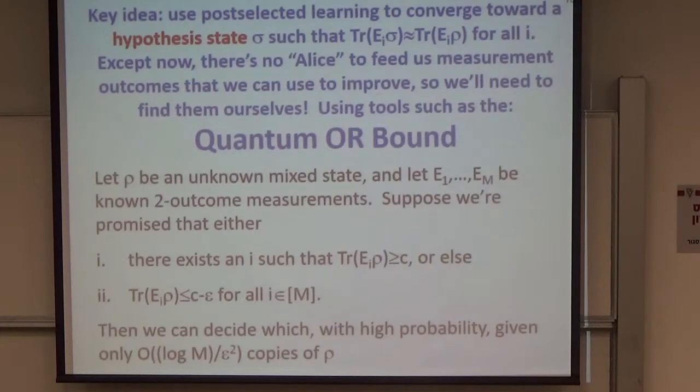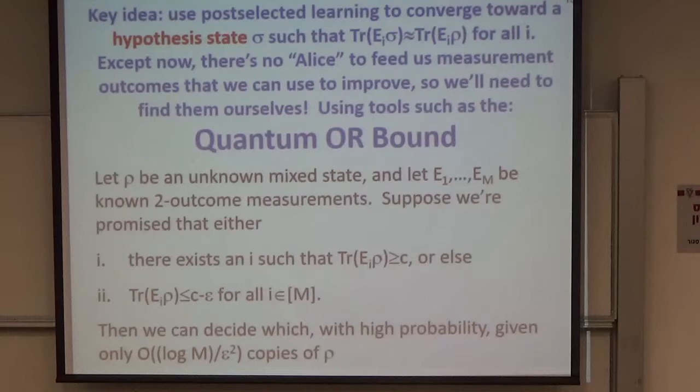So here's what the quantum OR bound says. It says, if I have an unknown mixed state, and I have some known 2-outcome measurements, and let's say I'm just trying to distinguish 2 different cases. Case 1 is that there is some measurement in my list that accepts rho with high probability, and case 2 is that no measurement in my list accepts rho with high probability.